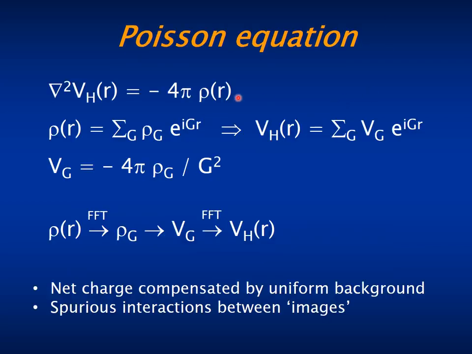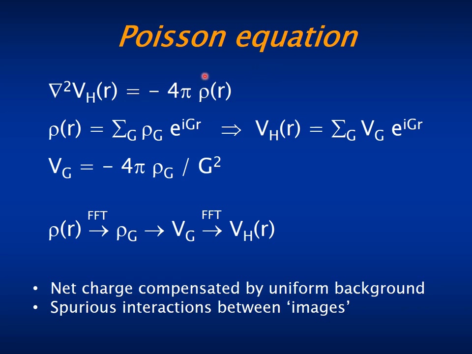We have already explained that SIESTA assumes that the system is periodically repeated, that is, periodic boundary conditions. This is true even for systems that are not really periodic, like molecules.